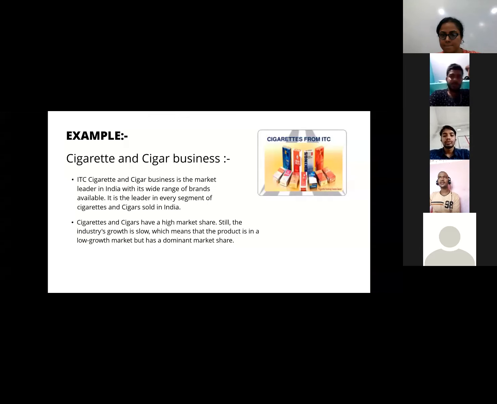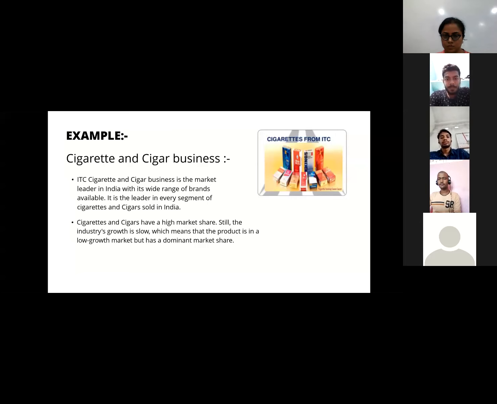For example, we can take the example of ITC cigarette and cigar companies, where the relative growth rate of the ITC cigar company was low, but it generated maximum profit, and from there it started to disinvest and invest in other sectors, like Kingfisher and many other products.